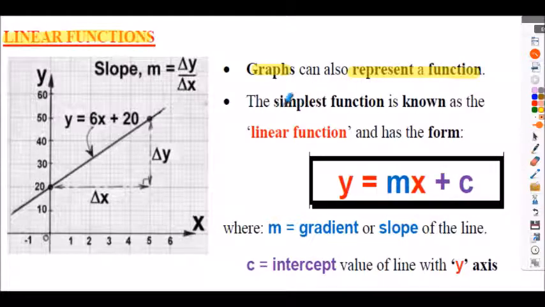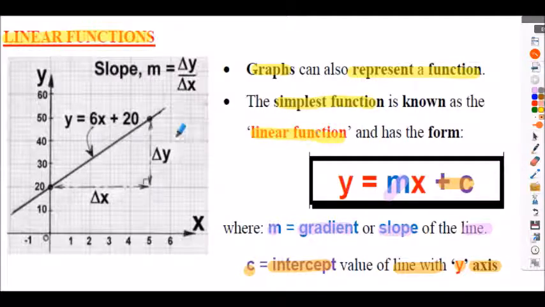The simplest function is known as a linear function, and that's got the form of y on the vertical axis is equal to m multiplied by x plus c, where m in this equation is known as the gradient or the slope of the line. The plus c constant is termed the intercept value of the line with the y-axis.